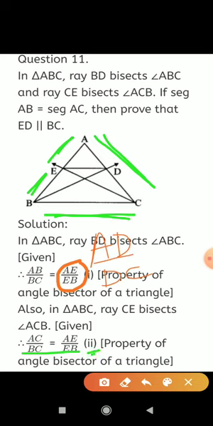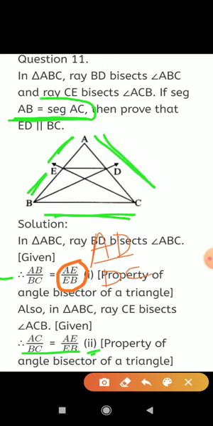So from the first angle bisector BD we get AB upon BC is equal to AD upon DC, and from the second we get AC upon BC is equal to AE upon EB. Now see in the question, we are given that AB is equal to AC.